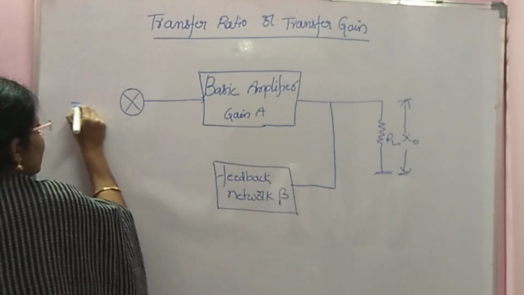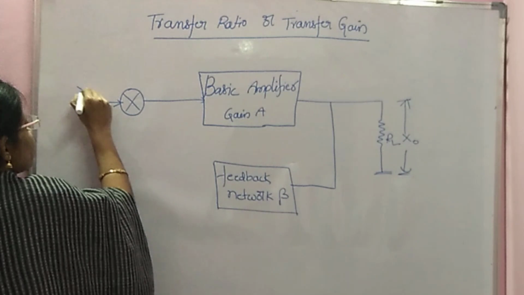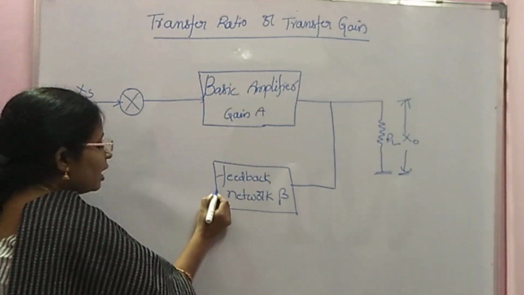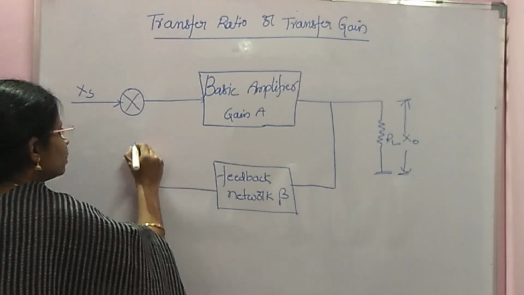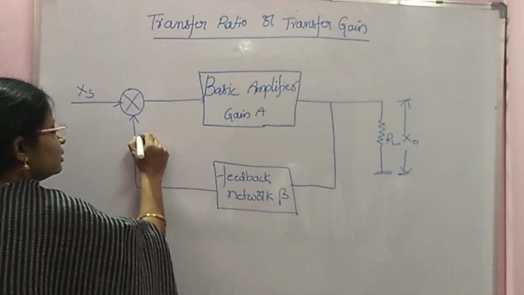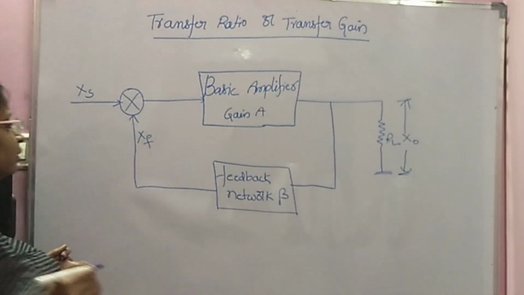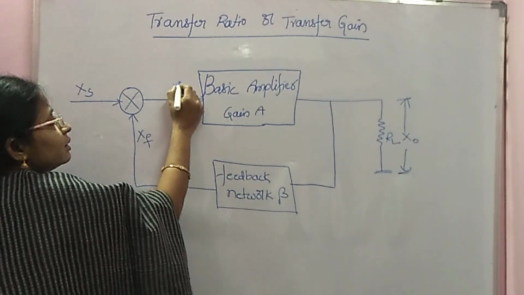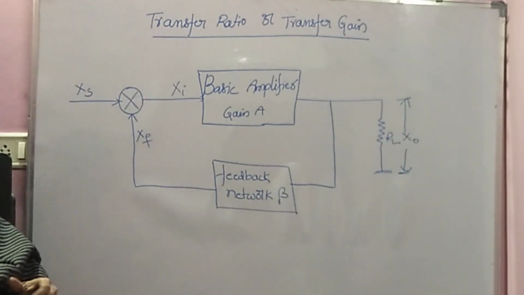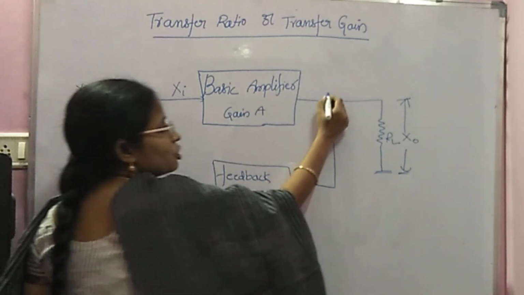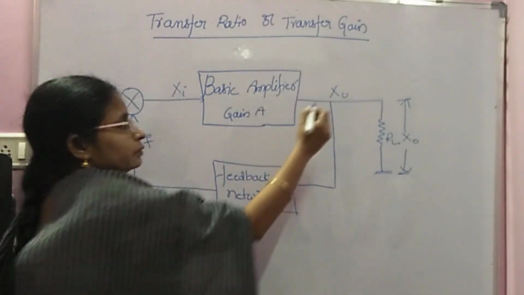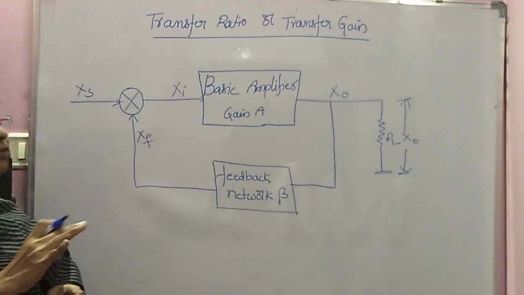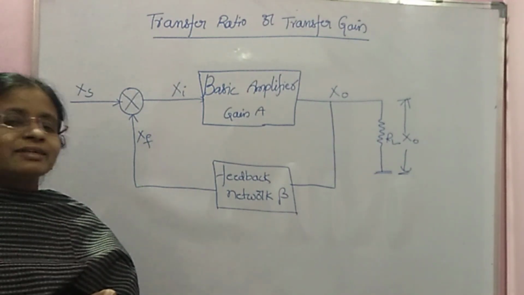From this side you are going to give the signal Xs, and from the feedback you are going to mix another signal Xf, the feedback signal. After mixing Xs and Xf, you are going to get Xi. So this is your X naught. This is the block diagram from which we are going to derive transfer ratio or transfer gain.